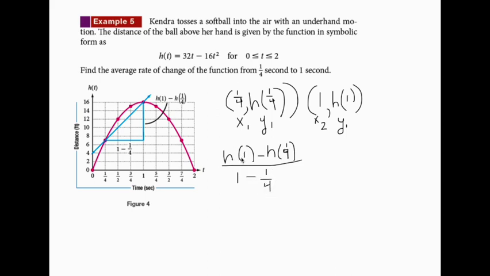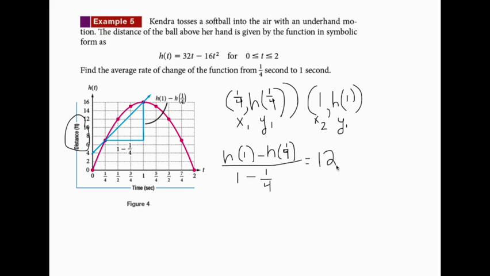Now, to find our corresponding dependent value, I got to plug 1 in here and find out what that height is. And remember, the height is in feet. Notice that over here. When you work that out and you divide by the difference between 1 and 1/4, you're going to get a slope or an average rate of change of 12.